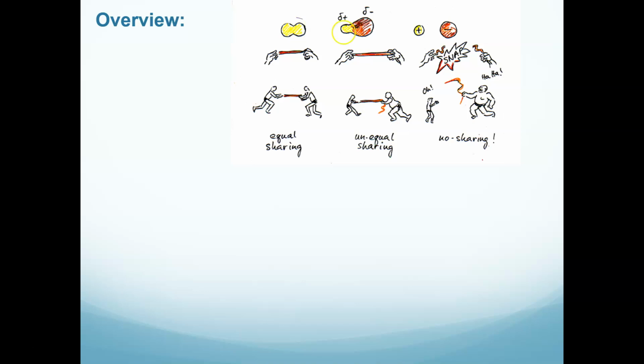We could also have unequal sharing if one of those atoms wants the electrons more, or is more electronegative. It'll pull electron density towards itself, and when it does that, it creates a partially positive on the side where we're pulling electrons away and a partially negative on the side where we are gaining the electron density. So this will be polar covalent, and then just flat out ionic if we're not sharing electrons at all.